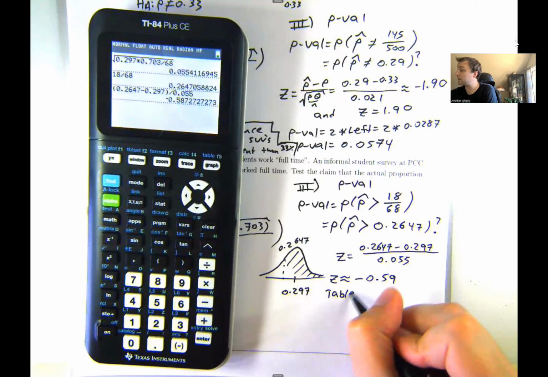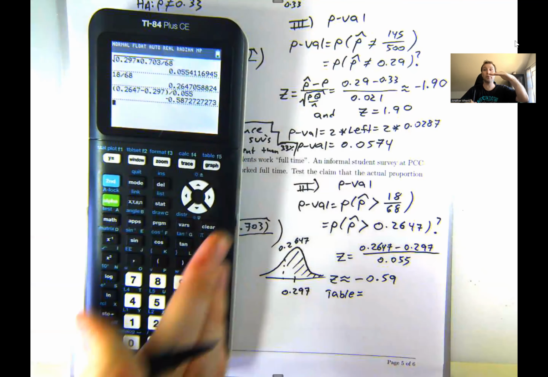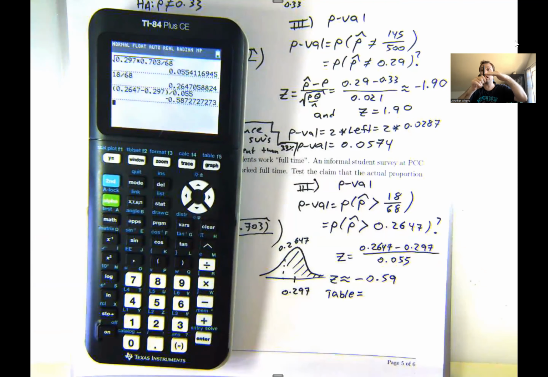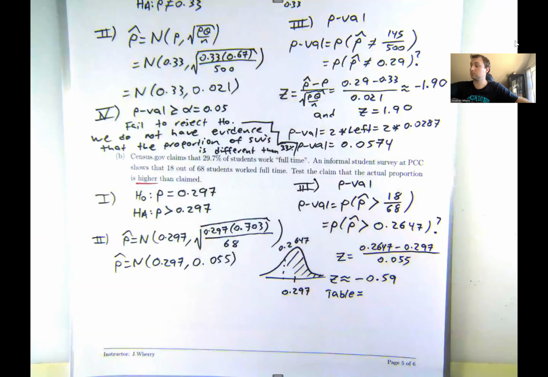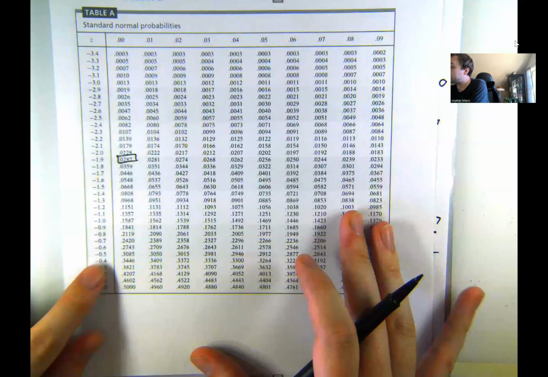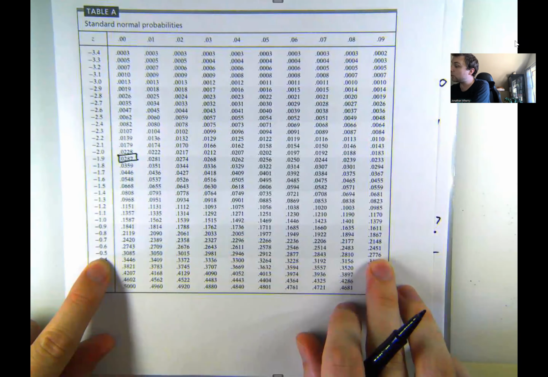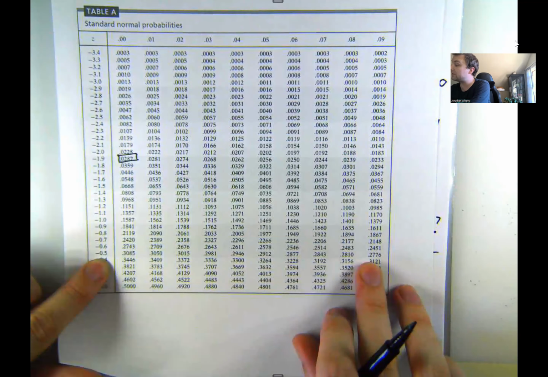If I look that up inside of my normal table, I'm going to go to the negative 0.5 row and the 9 column and see where they meet up. And negative 0.5 meets the 9 way down here at the end at a table value of 0.2776.